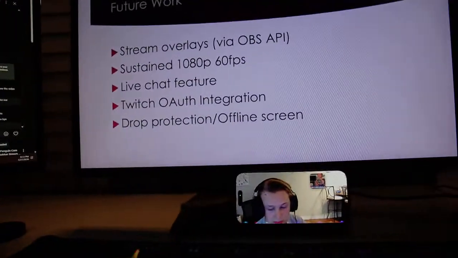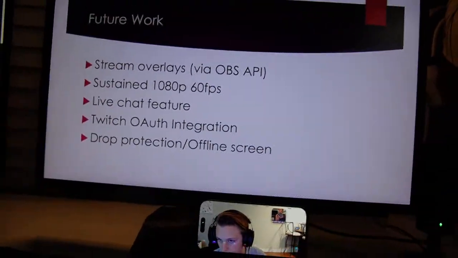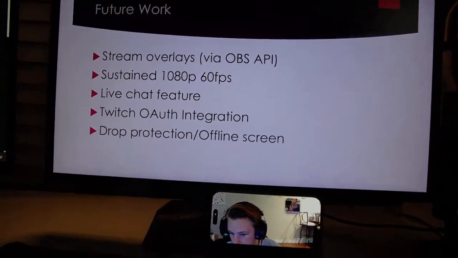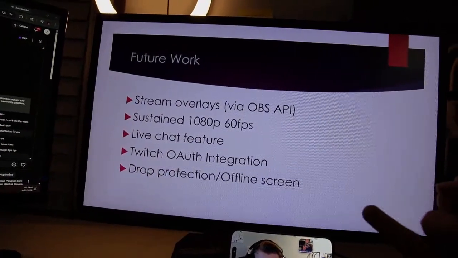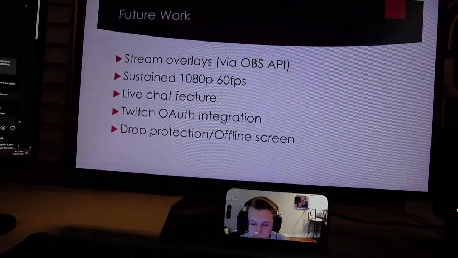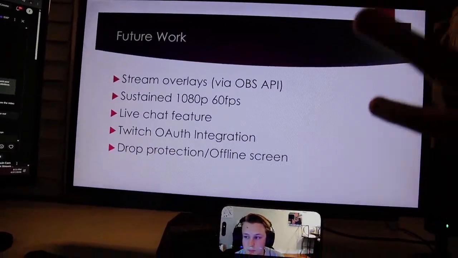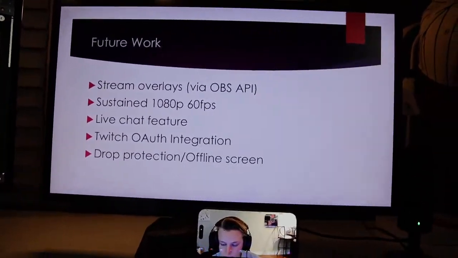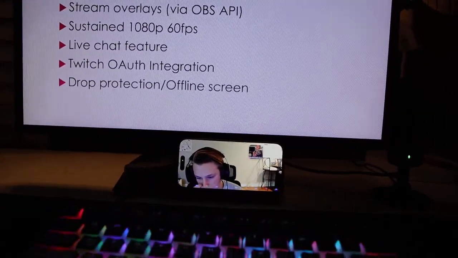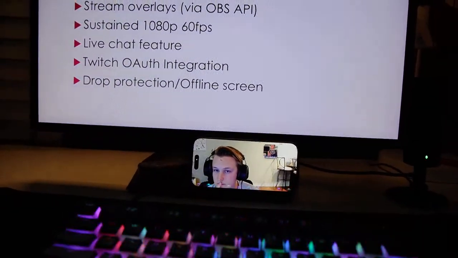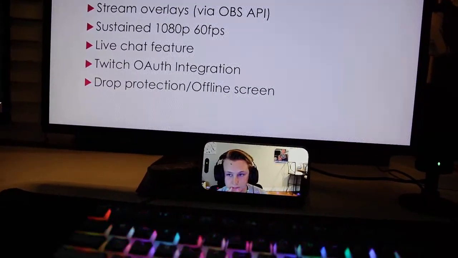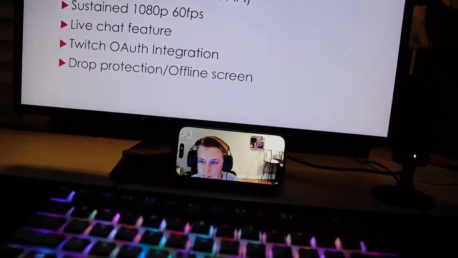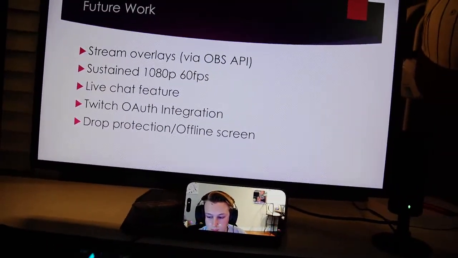Okay, so if anybody in here has ever used OBS before, you know that you're able to change the title of your stream, and you're able to view the chat, and you're able to do all sorts of things with different docks inside of OBS. That is something that we would definitely want to look into if we had more time, integrating our system with Twitch's system.